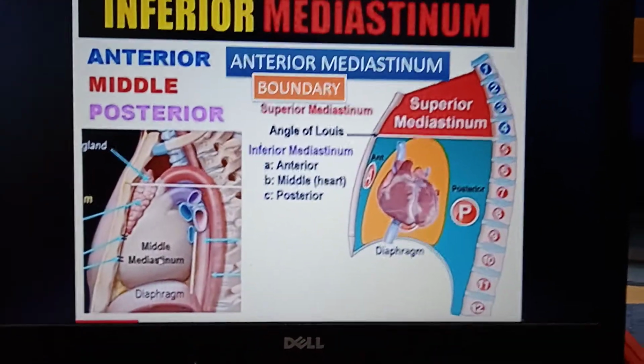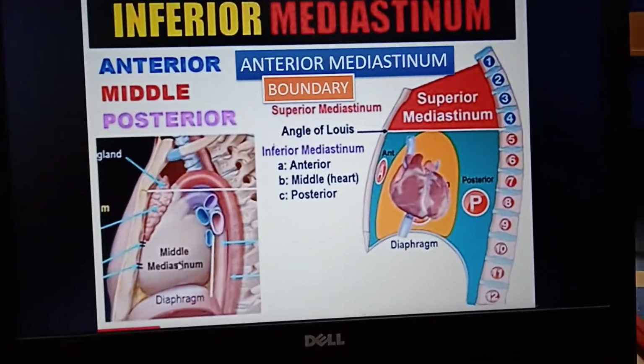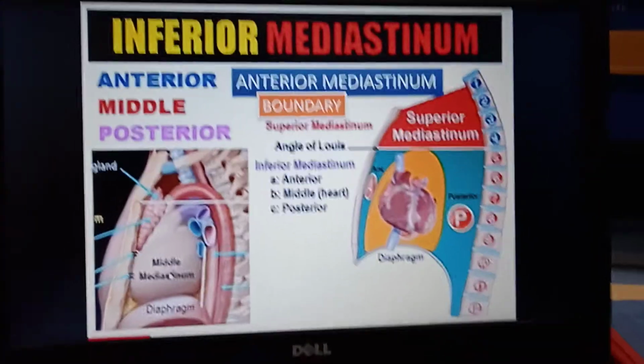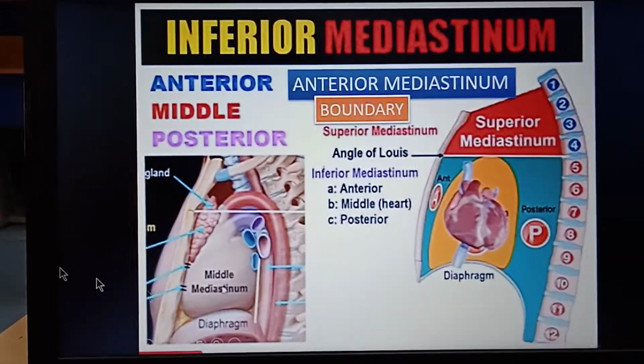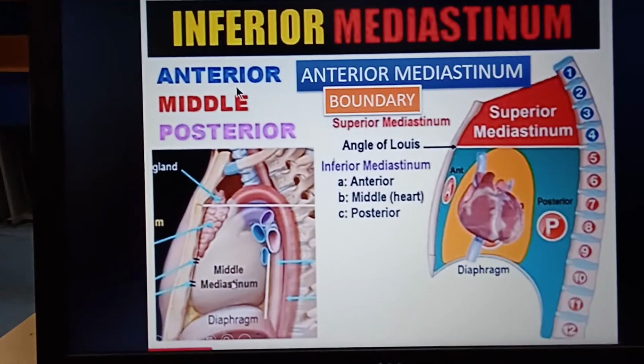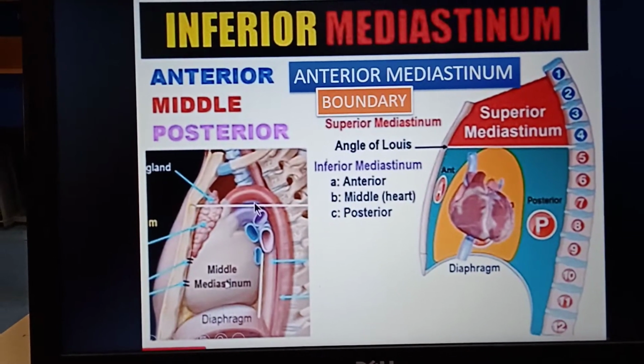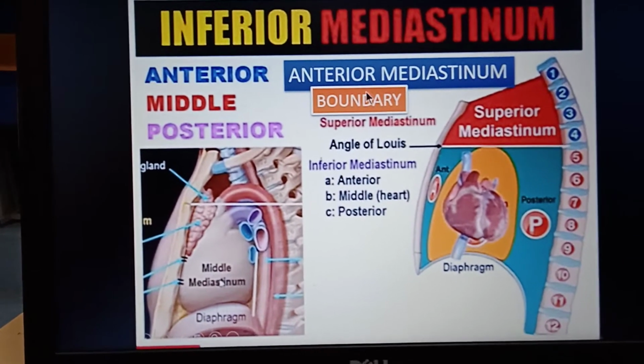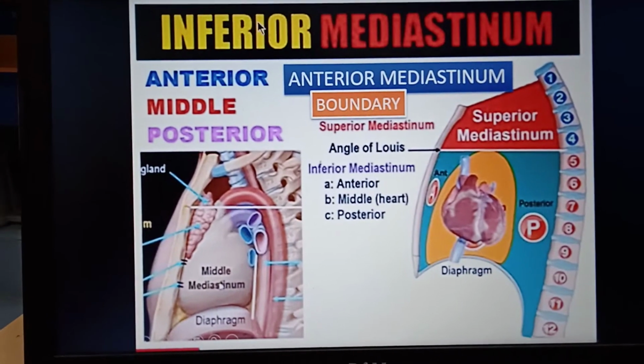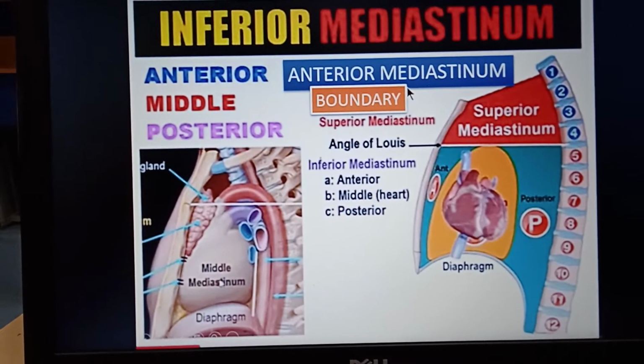Now come to the inferior mediastinum. Inferior is again divided into anterior, middle and posterior. And now we are discussing the anterior mediastinum.